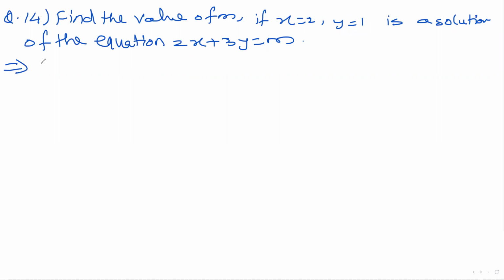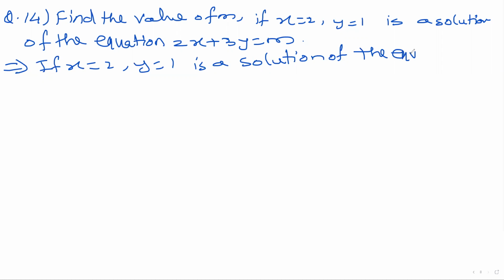So write down, if x is equal to 2, y is equal to 1 is a solution of the equation, then LHS is equal to RHS. Do you understand what I'm saying?